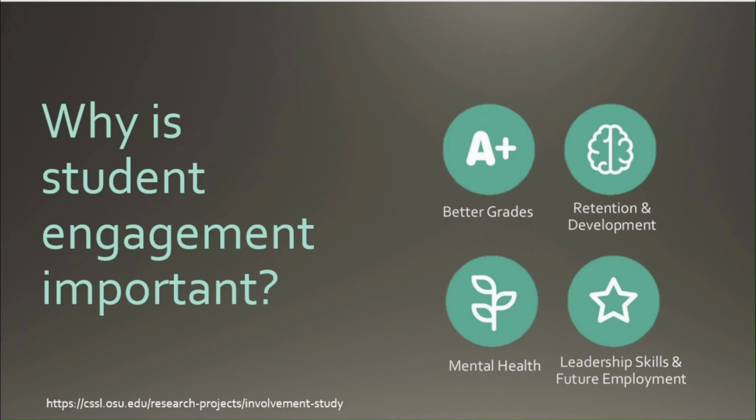We're seeing that students who are involved in on-campus clubs, sports, and Greek life tend to have better grades than their peers who aren't involved. They tend to retain the information they're learning in the classroom at a higher rate, and they tend to report having better mental health. In addition, they are developing leadership skills, which are very attractive to future employers after they graduate. So clearly, there's a lot of benefits to reap from being involved on campus.